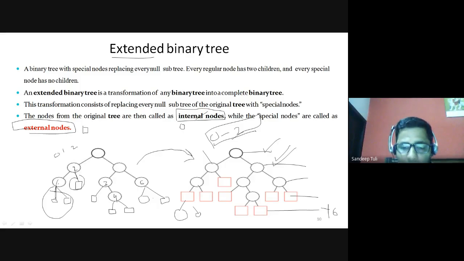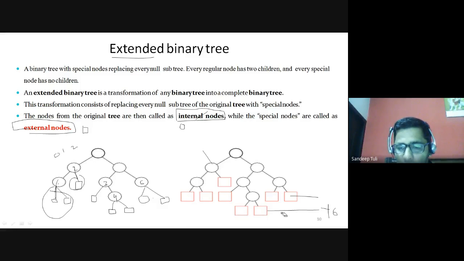So in this diagram you are able to see. Now let me clear the things so that you will be able to see again easily. So the red nodes, how many children do they have? Every red node must have how many children?